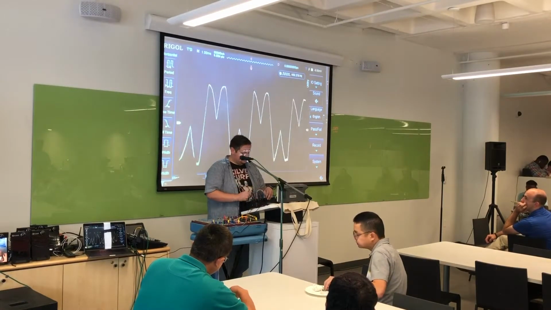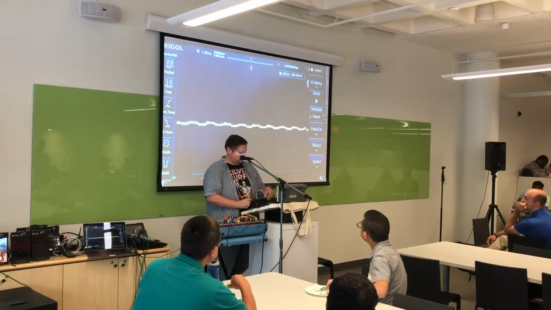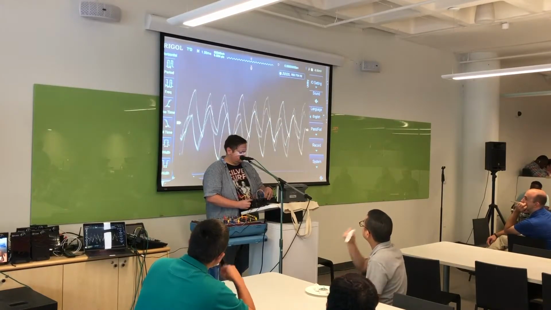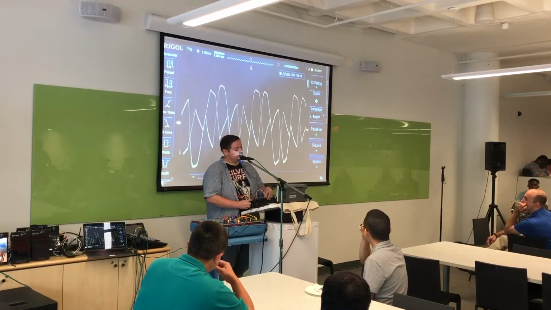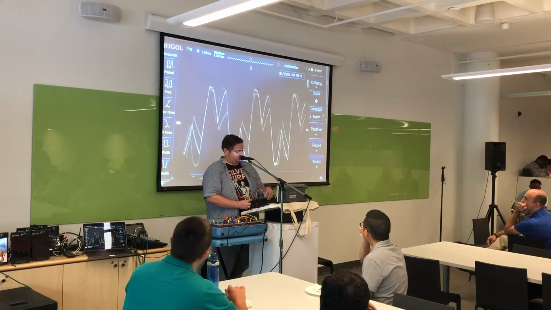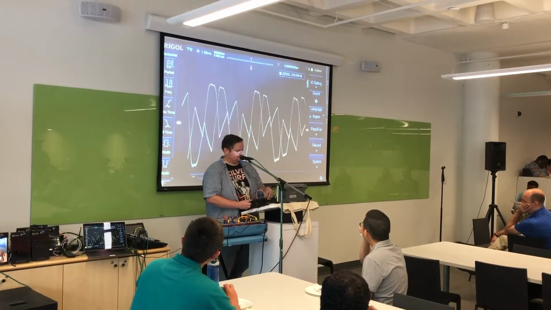So high pass is similar, but the opposite. You start around where that triangle wave is, you get mostly just the triangle. And as you go lower, more aspects of the sine wave get brought in.